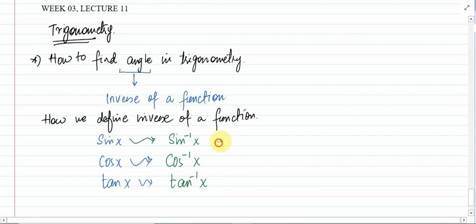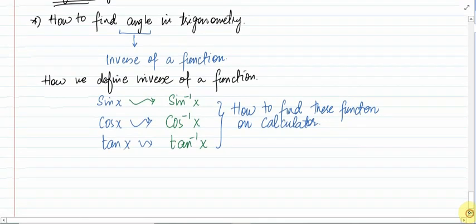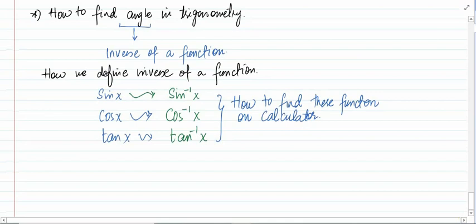The second question, how to find these functions on calculator. In last class we had discussed how to find the normal sine, cos and tan function, right? So how you are going to find sine inverse?